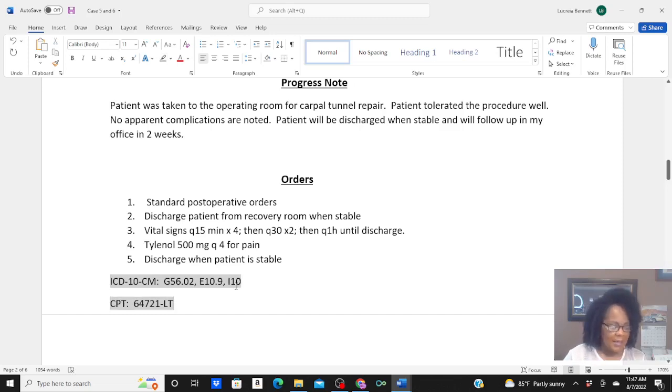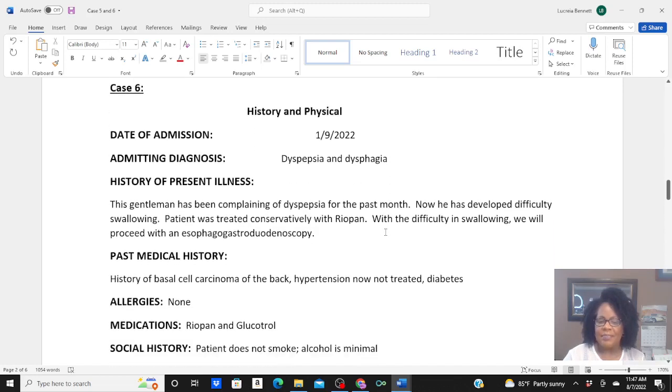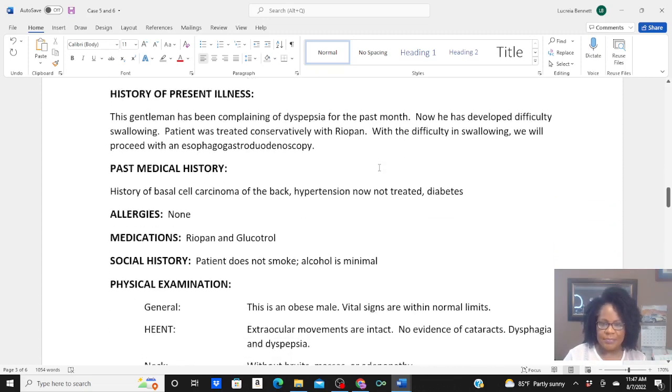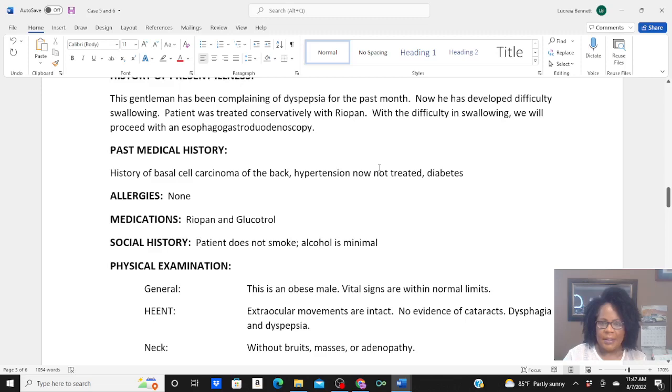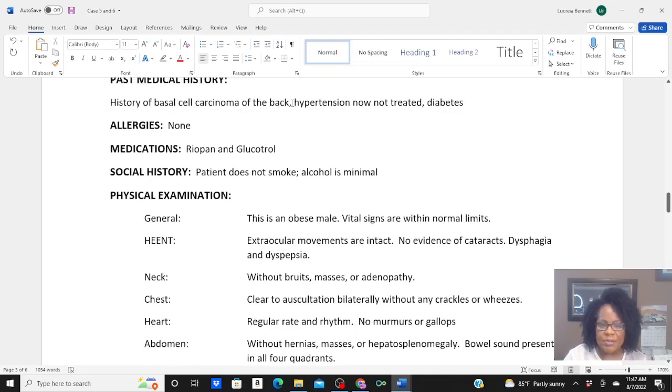For the second case, patient came in with dyspepsia and dysphagia. What's that? Difficulty with digesting your food, indigestion, difficulty swallowing. History of basal cell carcinoma of the back, hypertension, and diabetes, now not treated. Patient's on Riopan and Glucotrol.